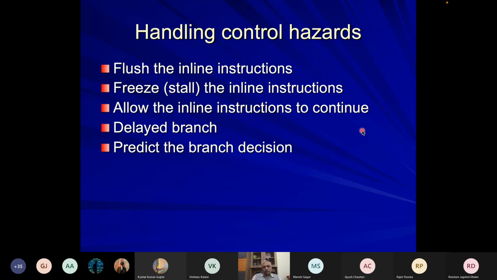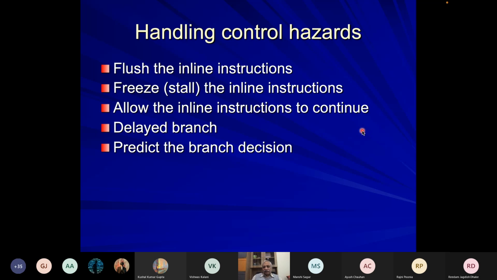Then the next is predicting the outcome of branch. Somehow we figure out if branch will be taken or will not be taken ahead of time, and then try to go along that line.